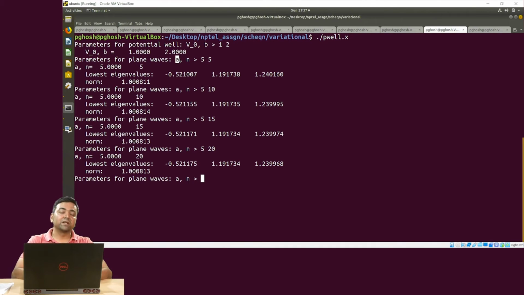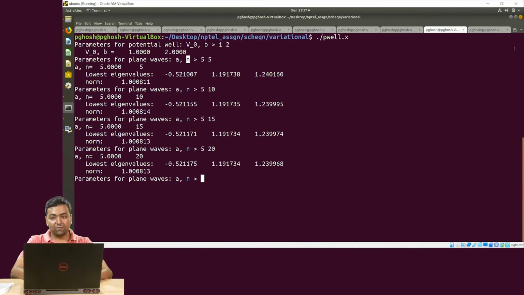Therefore, it is important to understand how my results will change as a function of this A value, and what is a sufficiently large value of A. So, to do that, I will now rerun the code by changing the values of A, that is this parameter, with a fixed number of plane waves.